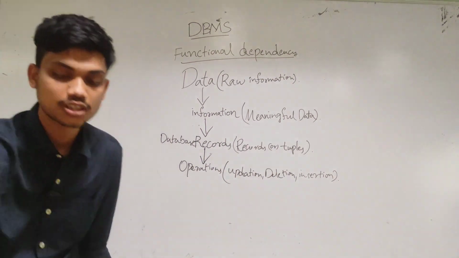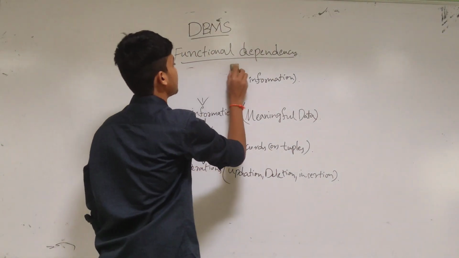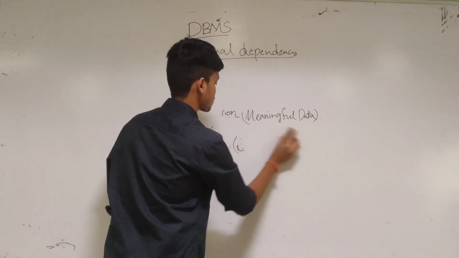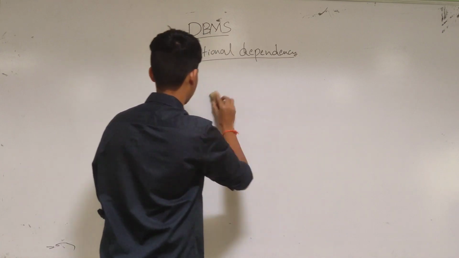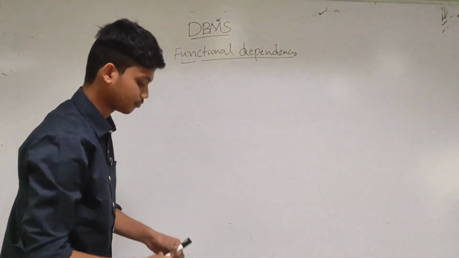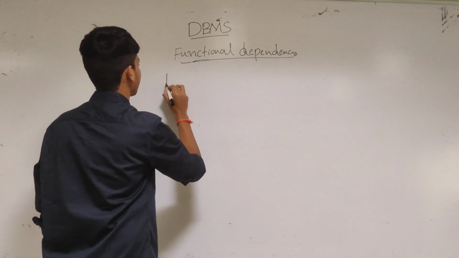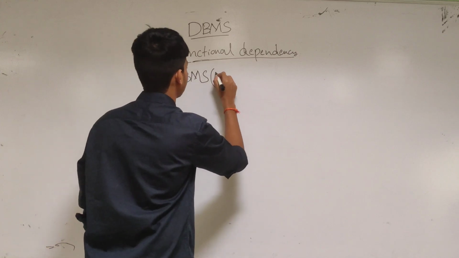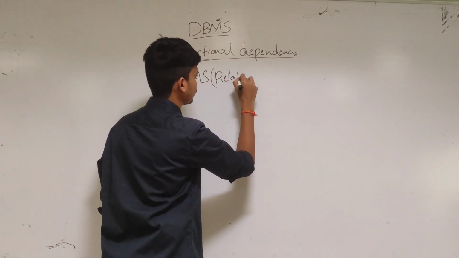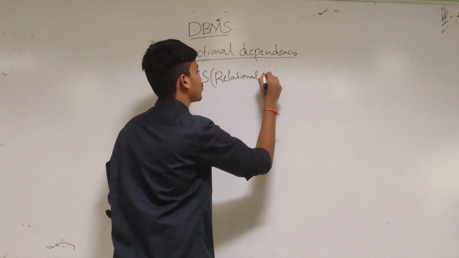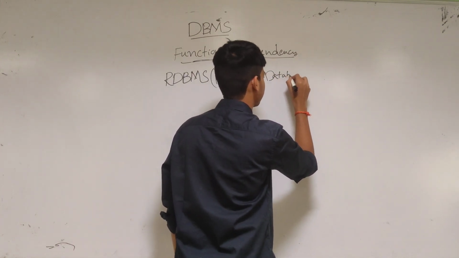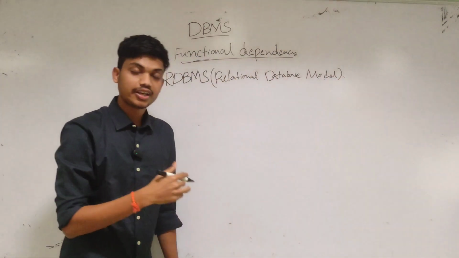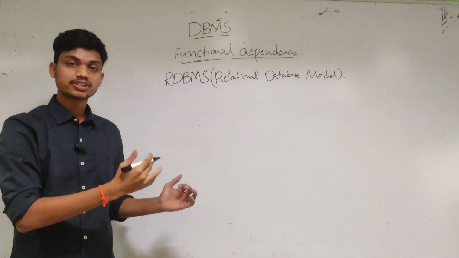Now we are going to discuss the RDBMS model. Data stored in the form of tables is called the relational database model.